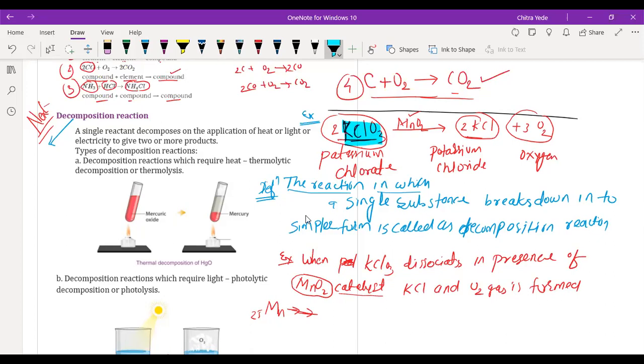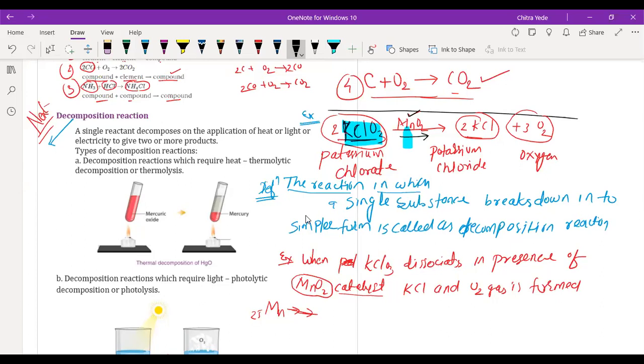If we dissociate it by heating without the presence of MnO2, then the reaction will proceed very slowly. To increase the dissociation of KClO3, MnO2 has to be present. In presence of MnO2, potassium chlorate dissociates very fast, rapidly.